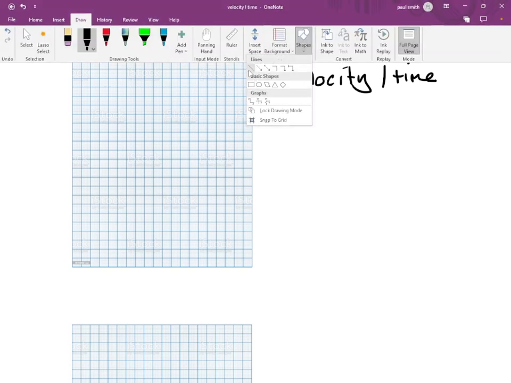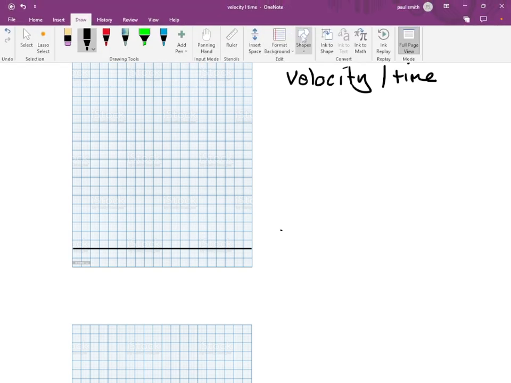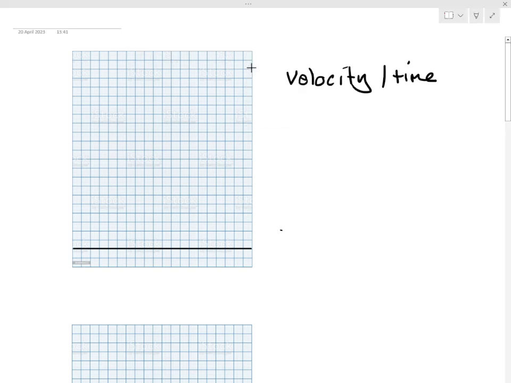So let's draw some lines on here, and we'll show you what a velocity time graph is, and not to get confused with distance time graphs. So we've got something like that.